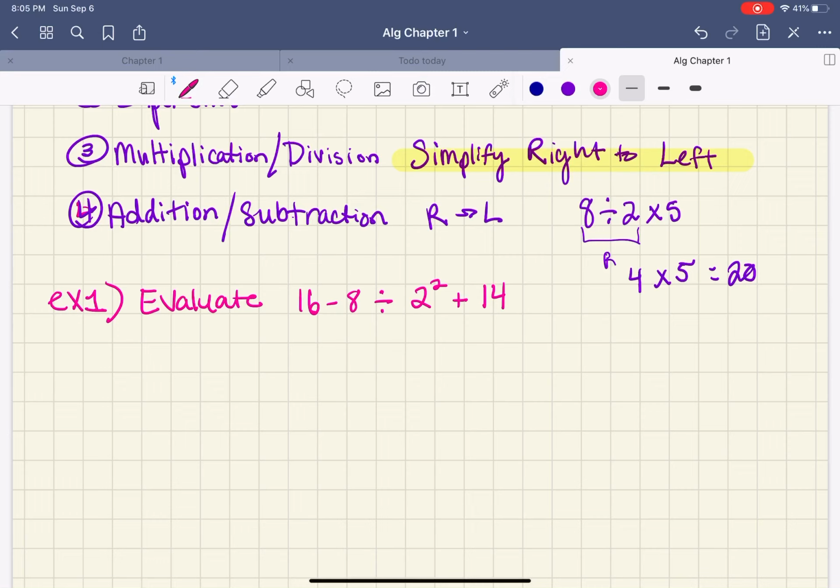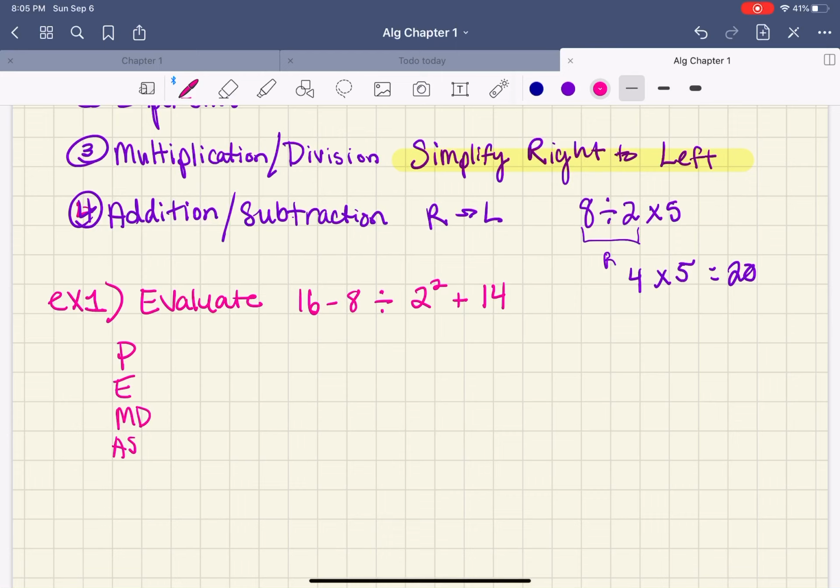There are a lot of numbers here and a lot of different symbols. The cool thing about math is that there's only one right answer. There is only one correct answer to this. And the way that we get the correct answer instead of an incorrect answer is by using the order of operations.